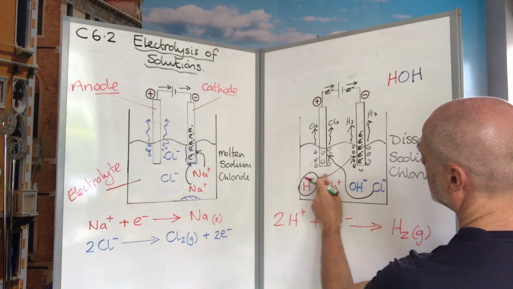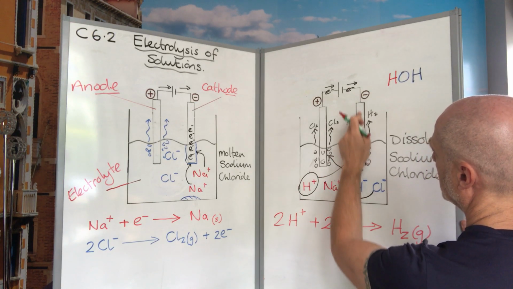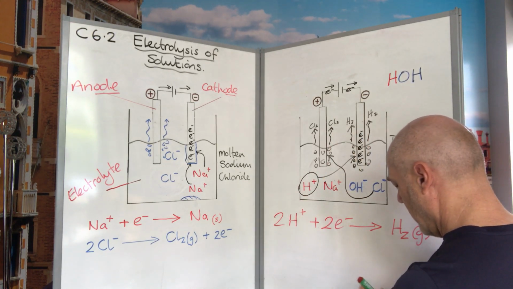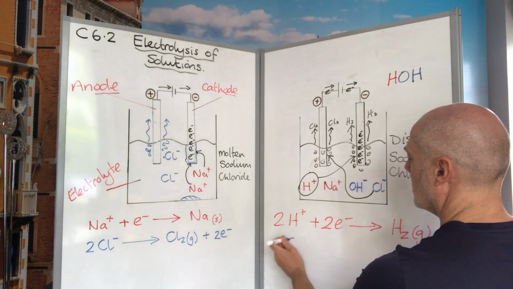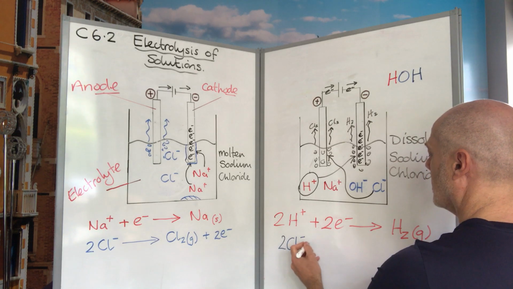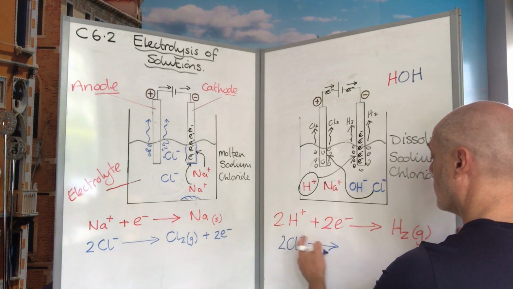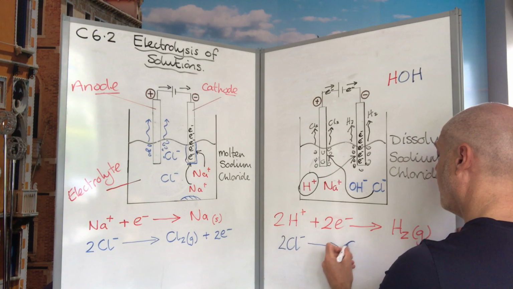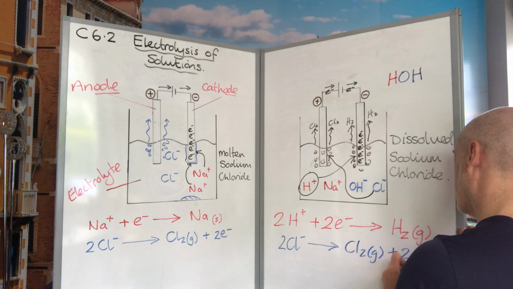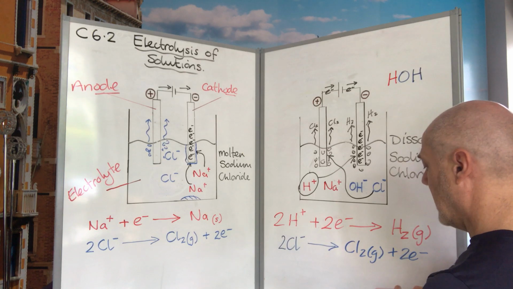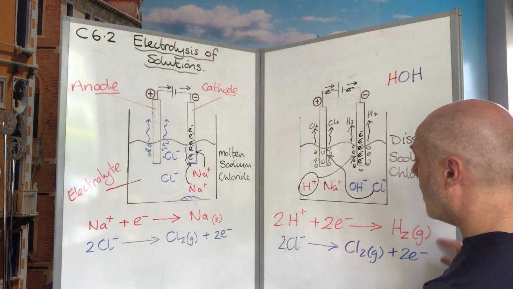So 2 hydrogen ions go across here, they pick up electrons, they form hydrogen gas, and they escape. If we look at the chlorine, again, it's the same as last time. So 2 chloride ions will give away their electrons, and they will form chlorine gas. And there we have the half equations.